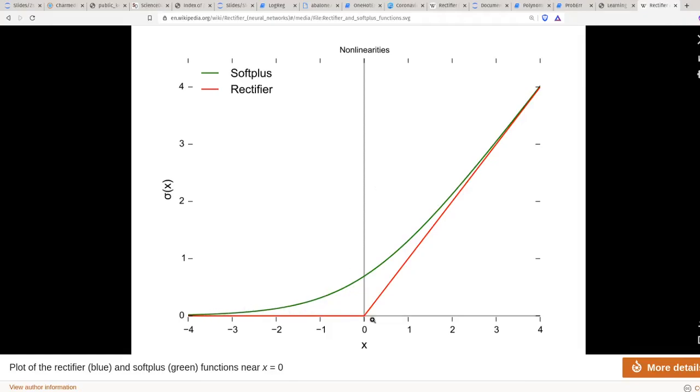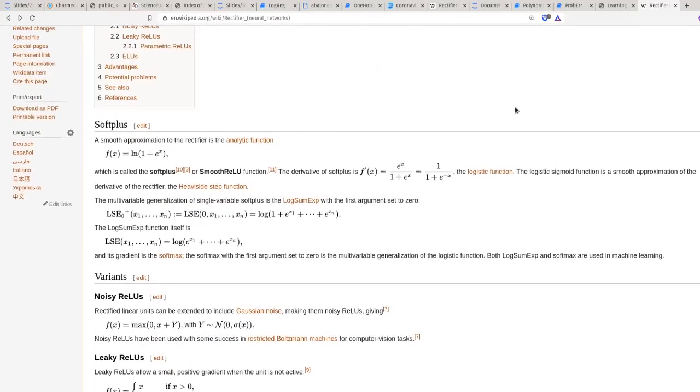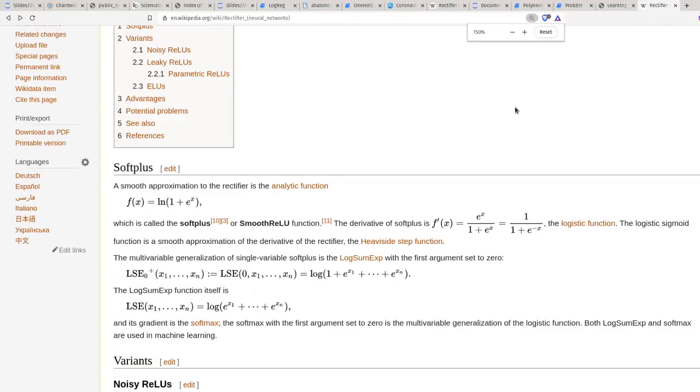So this blue line here is the graph of the ReLU function. This green line is the graph of something called the soft plus function, a differentiable analog of the ReLU function. And if you go down and look at the expression for the soft plus function, you can see it right here, and that should look pretty familiar, right?